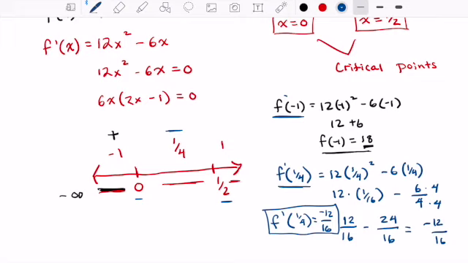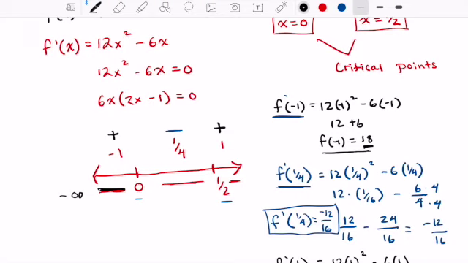We've checked 1/4 in our derivative. So finally, let's check f prime of 1. We have 12 times 1 squared minus 6 times 1. That's obviously going to give us 12 minus 6. So f prime of 1 gives us 6, which is a positive number.